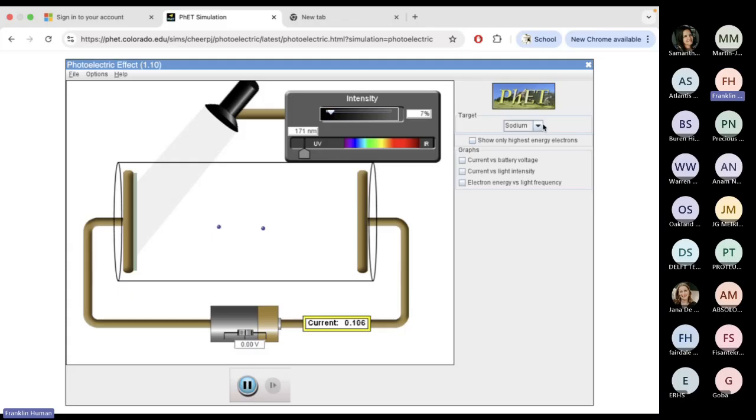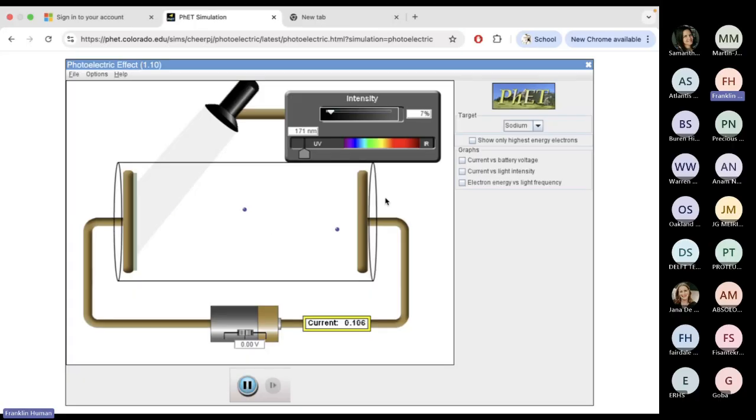If I change that metal from sodium to zinc, oh, by the way, before we do that, you can see that these electrons that are emitted, they move at a certain speed between this electrode over here on the left and the electrode on the right. Now, at the moment, there is no potential difference between those two electrodes.